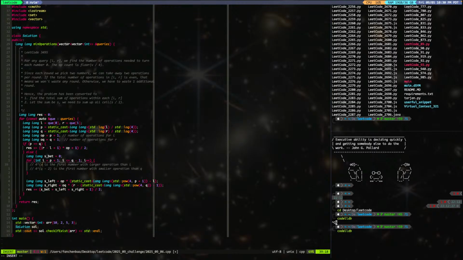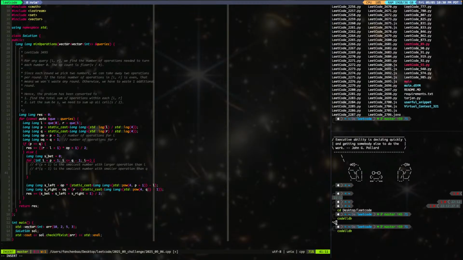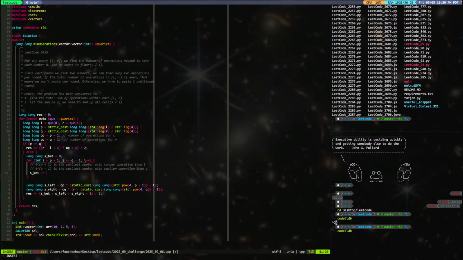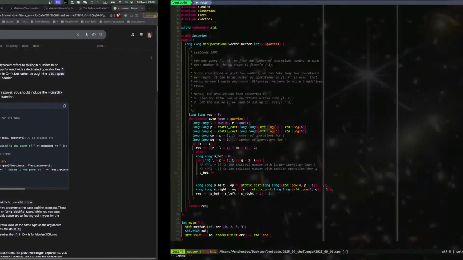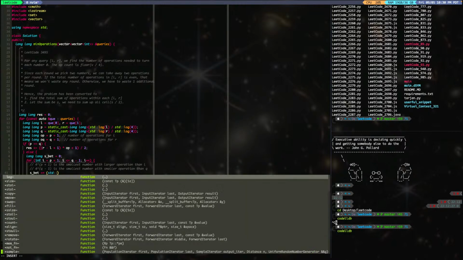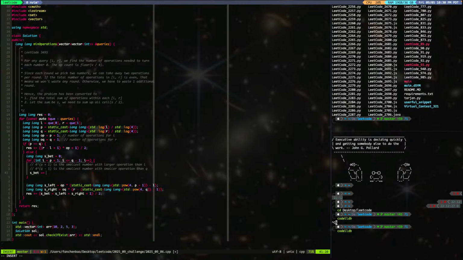P plus 1 is the first number with larger than, and this Q minus 1 is the smallest number with smaller operation than Q. Okay, now we can say S bet plus equal to, we use this formula, which is std. I'm not sure if I need to static cast every single one of them.